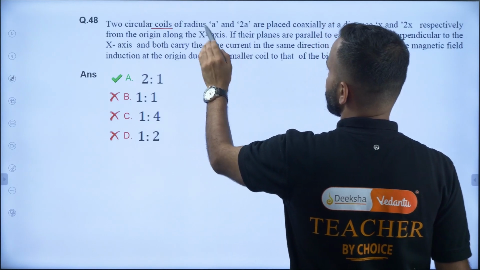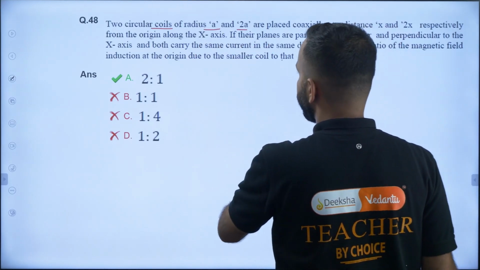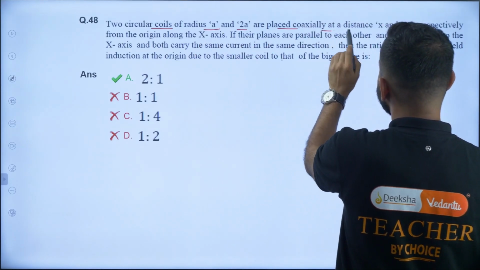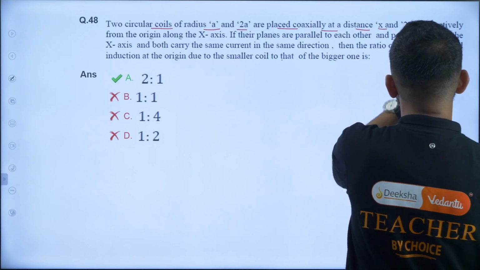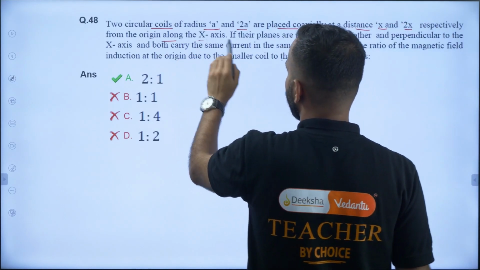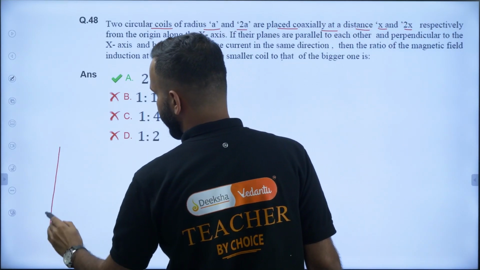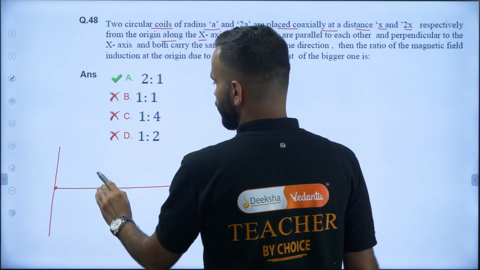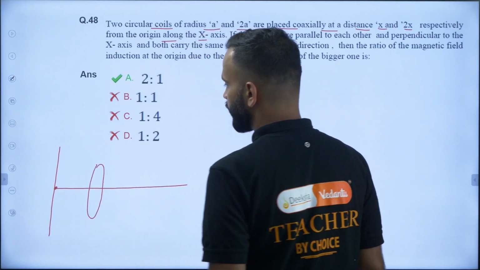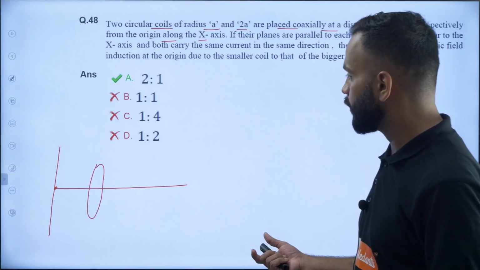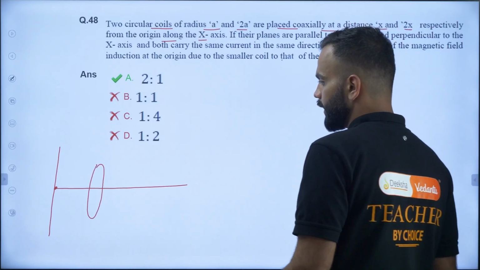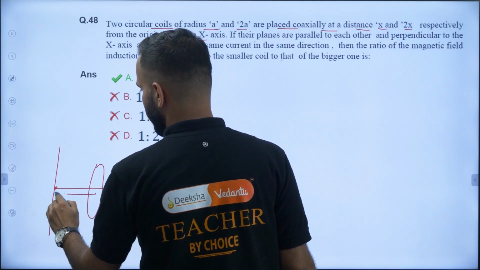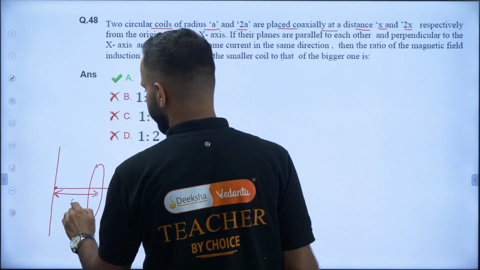Two circular coils of radius a and 2a are placed coaxially at distance x and 2x respectively from the origin along the x-axis. Okay, let us draw the diagram. So this is the origin. Here the coil is placed. The radius of the coil is a. The distance between the center of the coil and the origin is x.